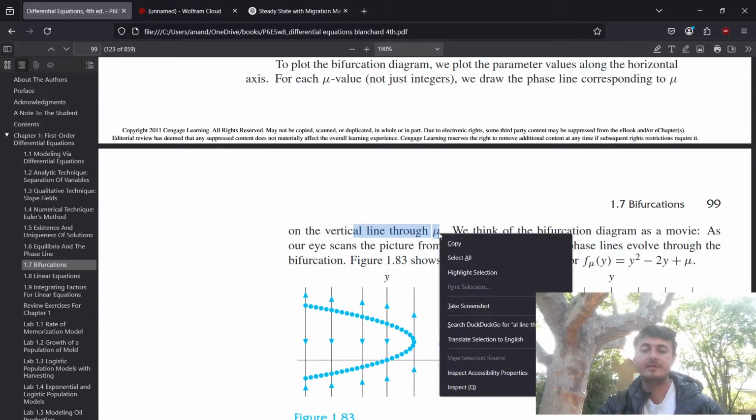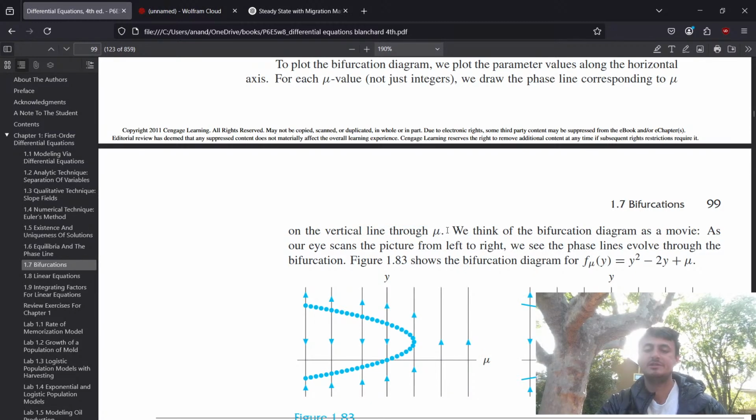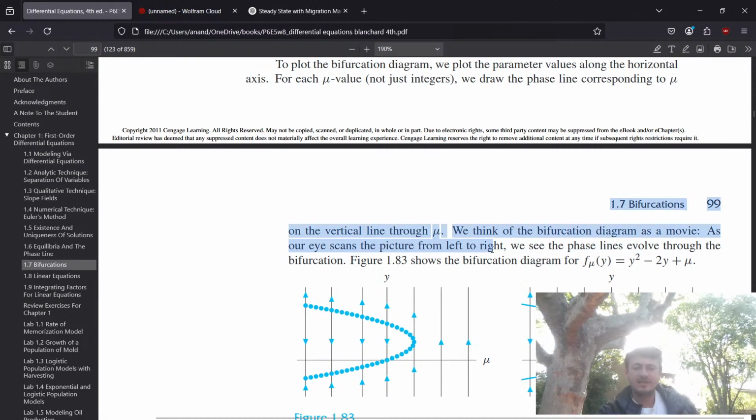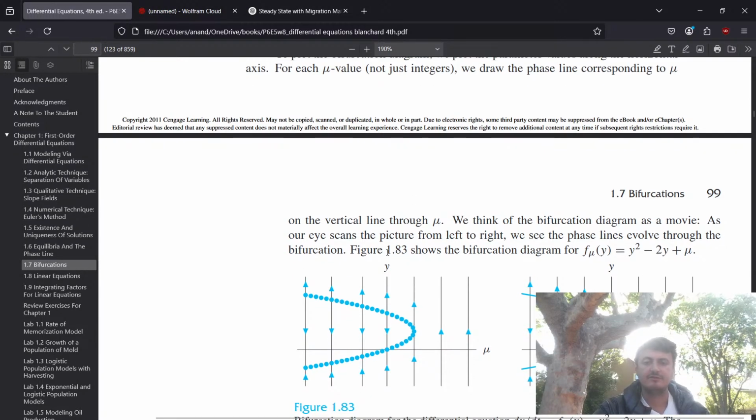Right. Okay. I mean, this is all obvious. We think of the bifurcation diagram as a movie. As our eye scans the picture from left to right, we see the phase lines evolve through the bifurcation. Figure 1.83 shows the bifurcation diagram.